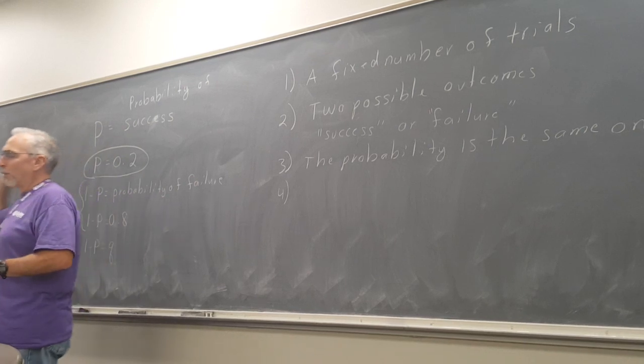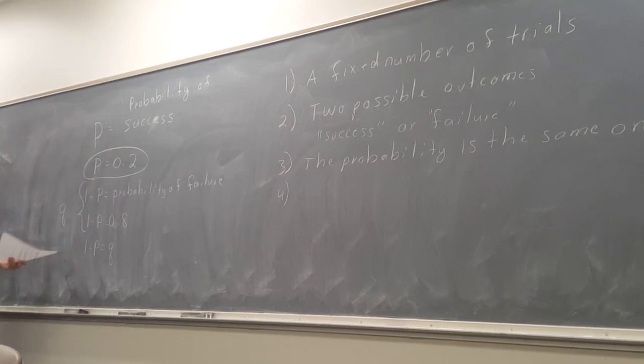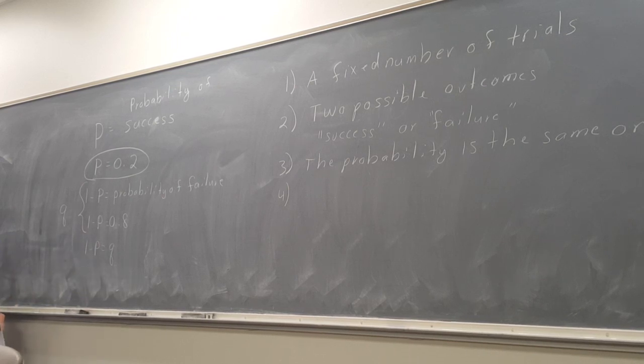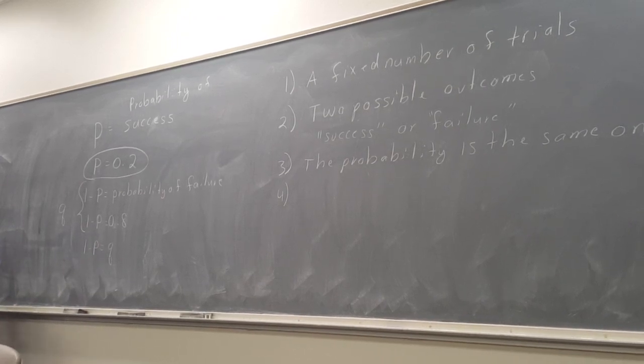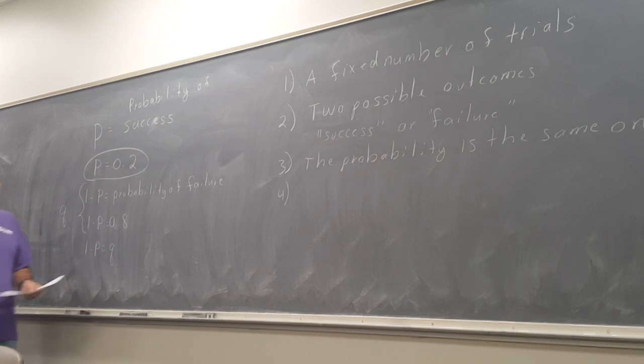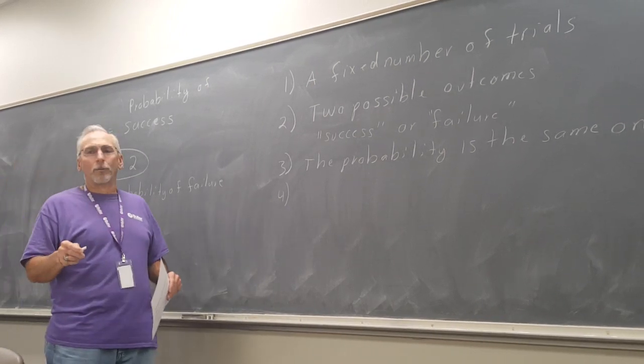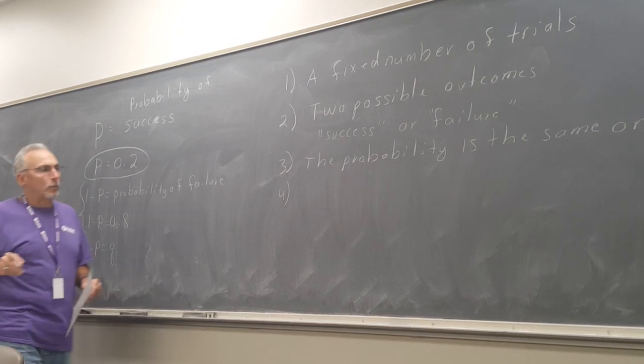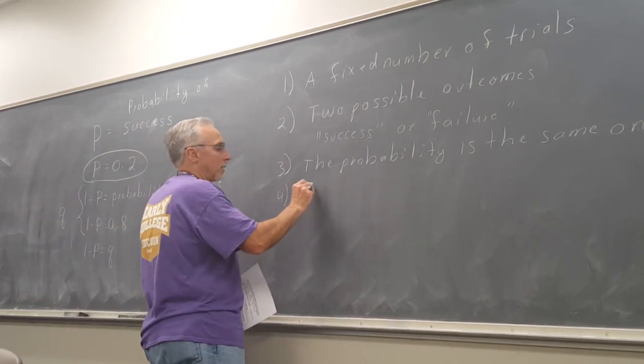So going again back to our fast food restaurant, they produce a whole bunch of coupons, and if 20% of these are winners, everybody has, in theory, a 20% chance of winning. So the probability is the same. The next one is the trials are independent.